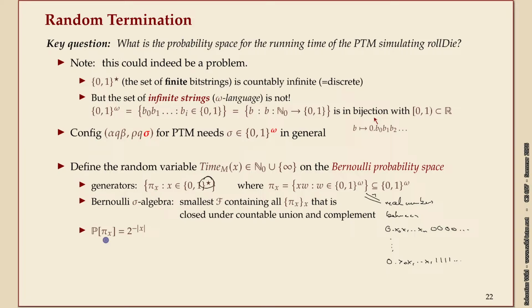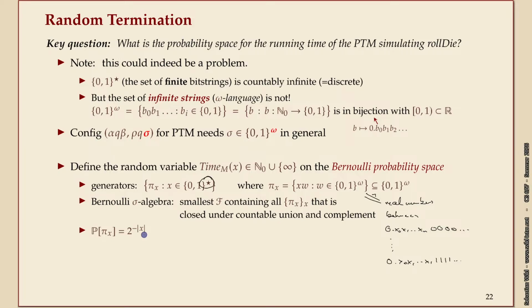And what's the probability? You can assign the measure of 1 pi x. And it's very natural, I think, that you say, if we've seen a certain prefix of a certain length, I've seen n random bits, so it should be 2 to the minus n as the probability to see exactly that string. And the rest is, I don't know what comes after. I'm summing over all of them.